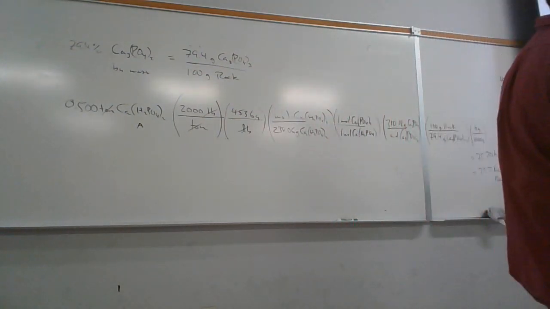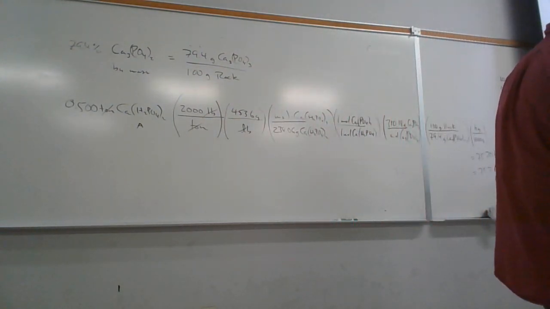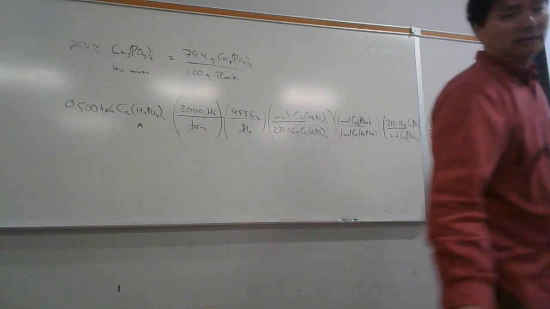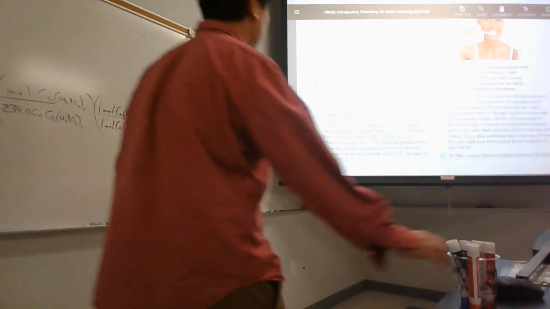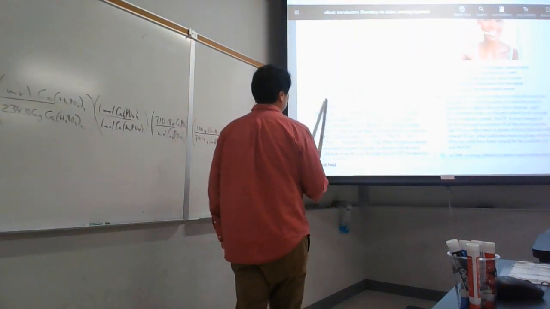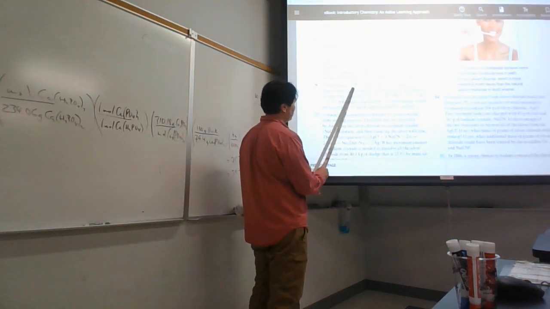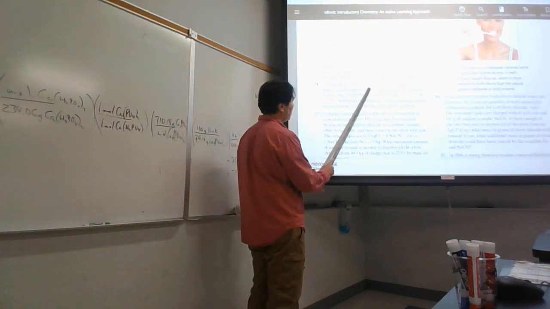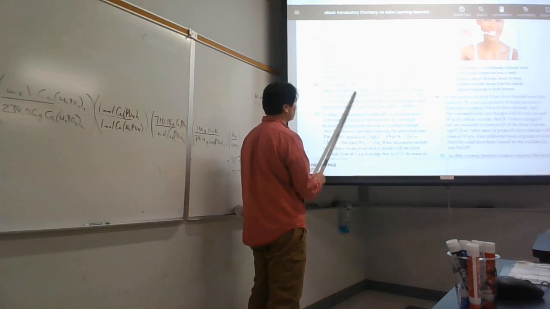All right, so that's one with percentage. Let's take a look at number 78 and see what we have here. 78 is carborundum, silicon carbide. It is widely used as an abrasive in industrial grinding wheels.